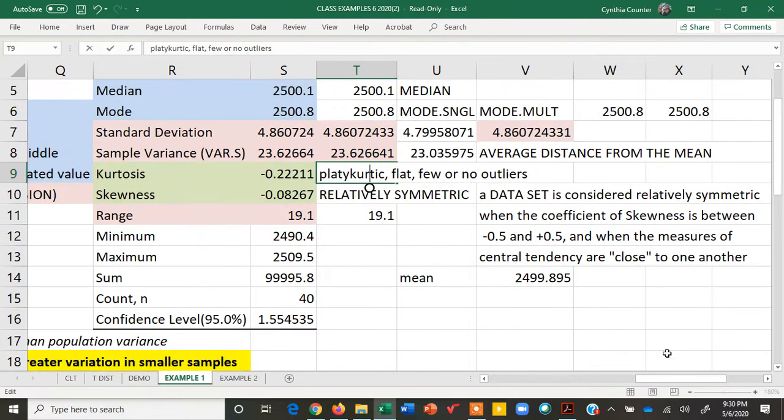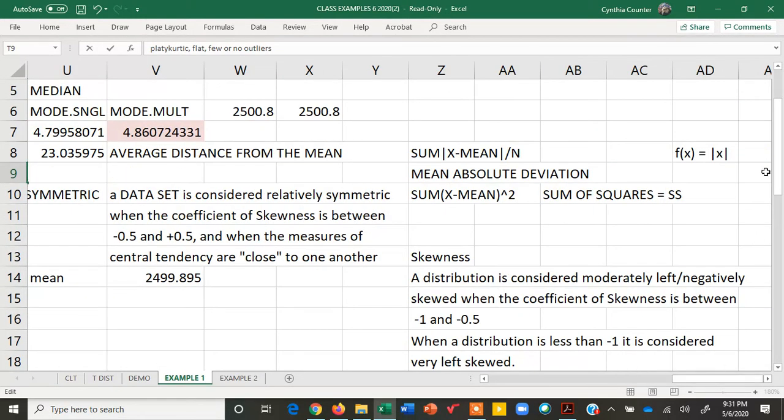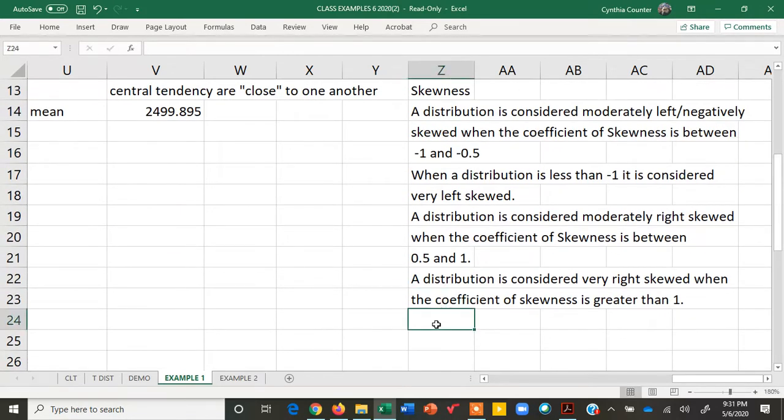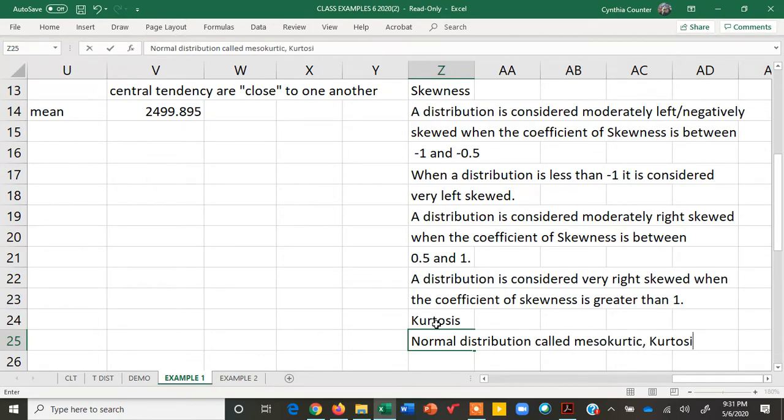And I already showed the others, but for completeness, I can write it out for you guys in these notes. You can at least see it. So kurtosis, normal distribution is called mesokurtic. Kurtosis equals 3.